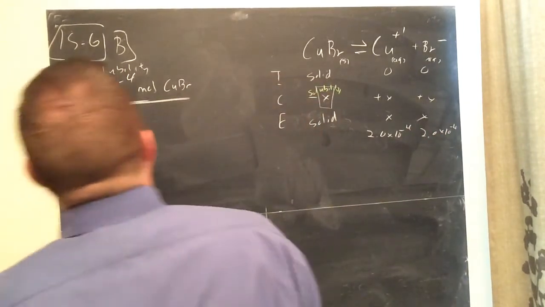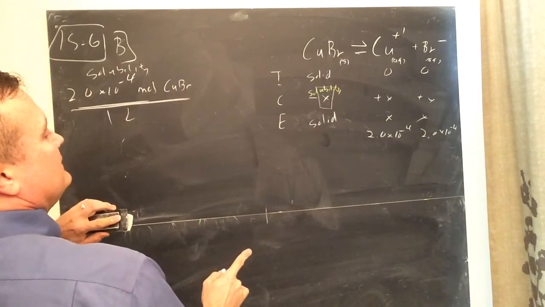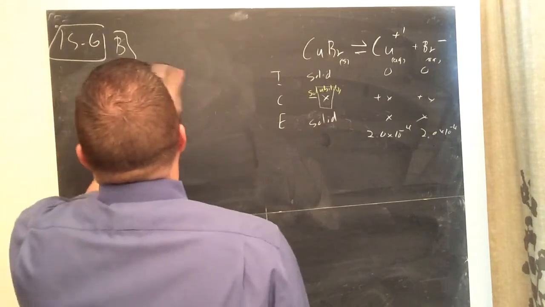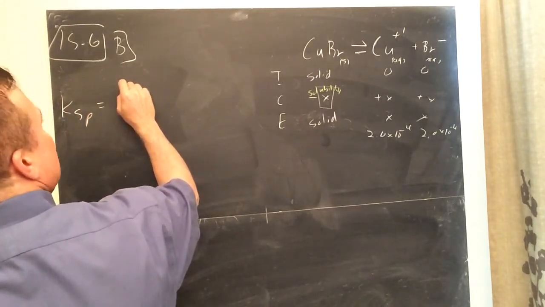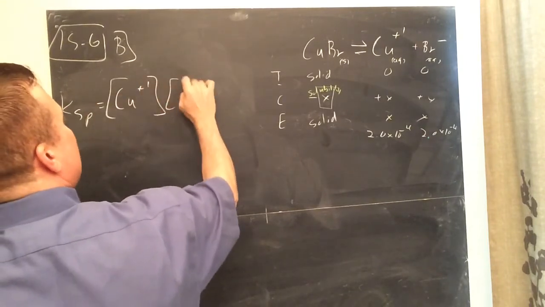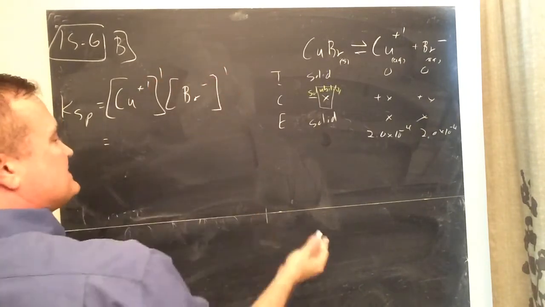So they ask you to find the Ksp value. I'm going to find that first. Then I want to show you something else. Ksp, we already talked about, will be the concentration of Cu plus 1 times Br minus 1. And they're all 1 and 1. That's an easy one.